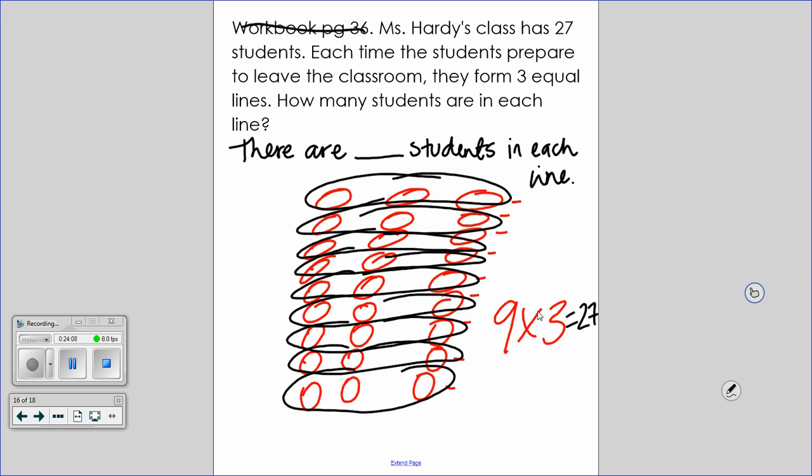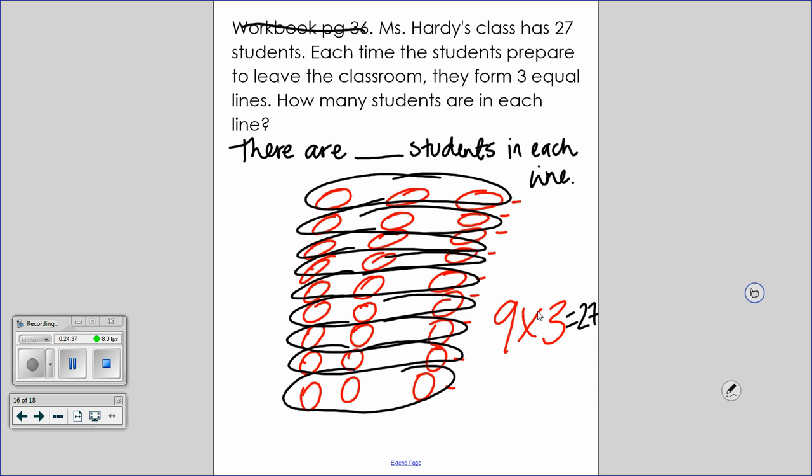So wait, is my answer 27 students in each line? No. It's not 27 students in each line. How many students are in each line? Or in each column? No. I've sharpened the screen for a reason.